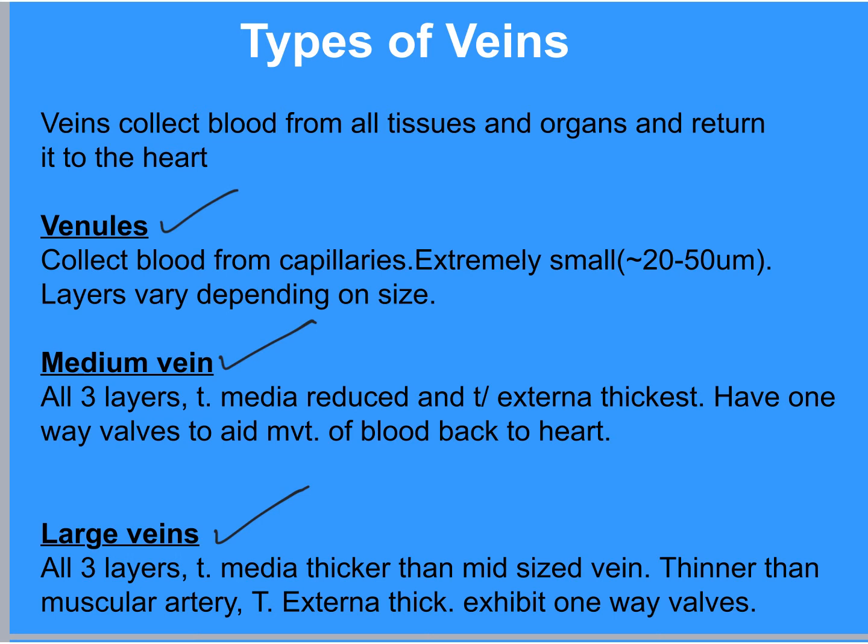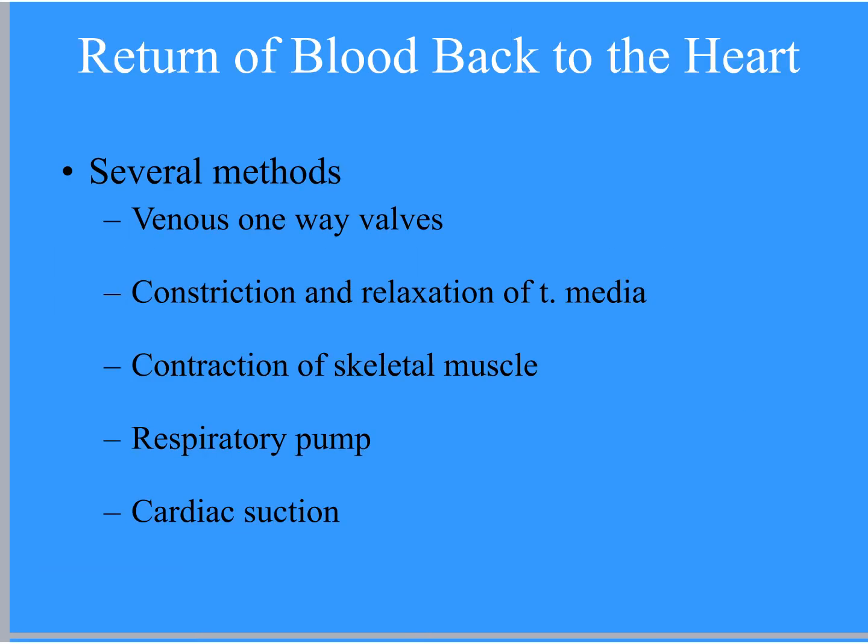So I won't reread this to you. So now we've learned about the layers that we find in arteries and veins, and that at capillary beds is where exchange occurs.